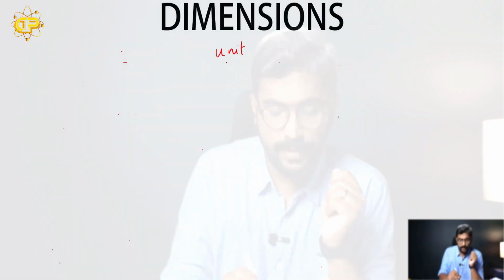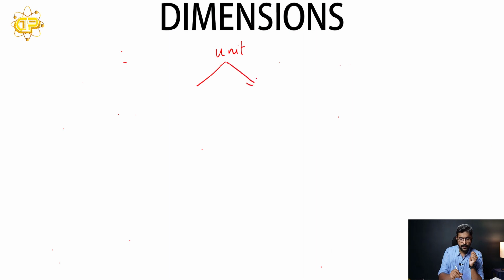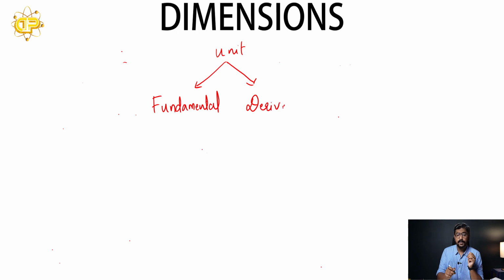Two types of units are there in the physical world. The first one is fundamental unit, and the second one is derived unit. Fundamental units are the independent units, whereas the derived units are dependent on these fundamental units.